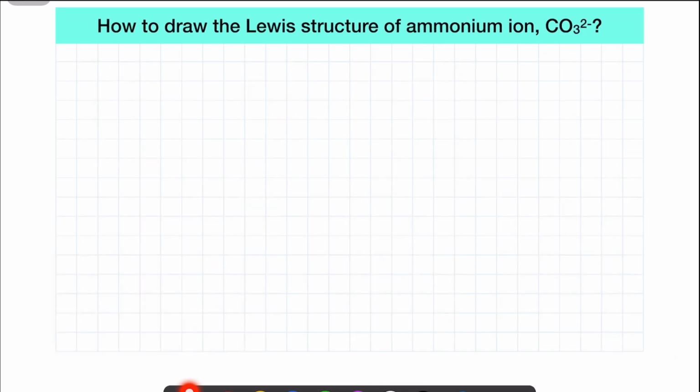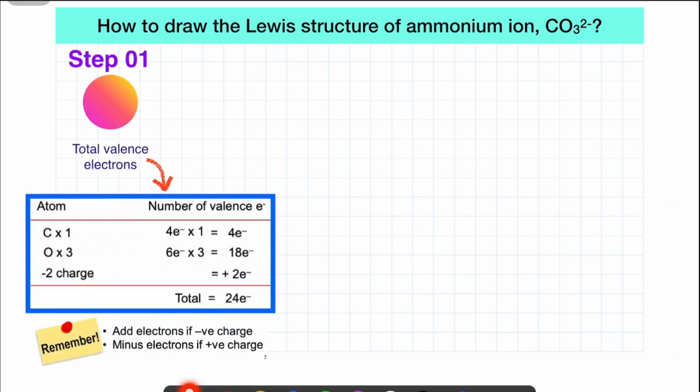Okay, let's see a negative ion, the carbonate ion, CO3 2-. Step 1, you have to calculate the total valence electrons, and because the charge is 2 negative, you have to add electrons if the charge is negative. So because it is 2 negative, you add 2 electrons, and the total valence electron is 24.